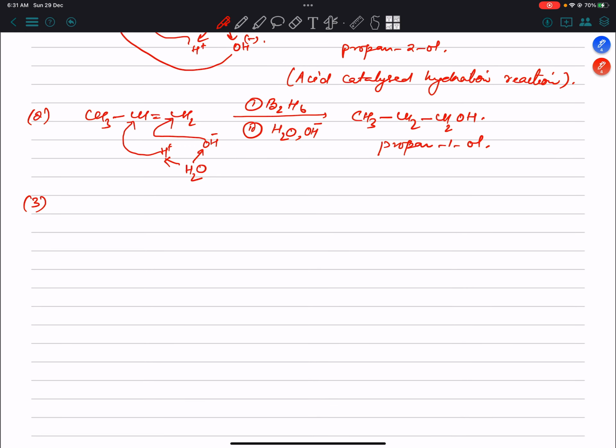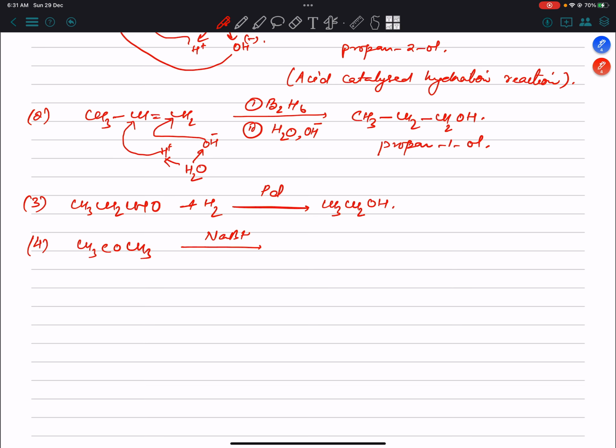The third reaction is when an aldehyde, say propanal, reacts with hydrogen in the presence of palladium, it gives alcohol. When a ketone, say propanone, reacts with NaBH4, it gives secondary alcohol.